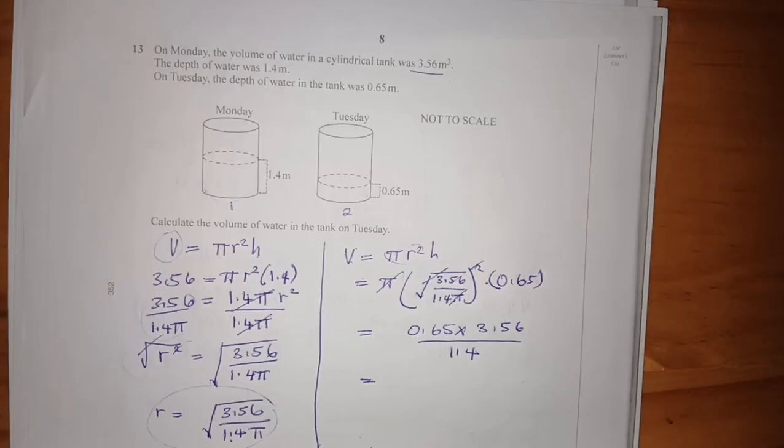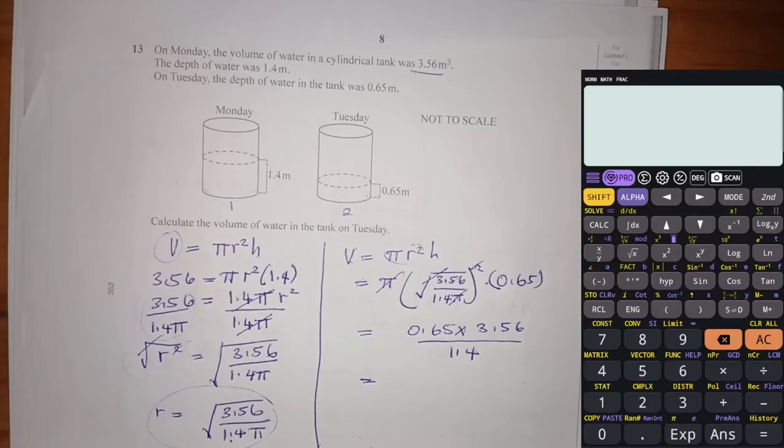Now let's just put it in our calculator. There you go. Now let's press: 0.65 multiplied by 3.56, and this is over 1.4. And there you go. That's the answer there. 1.652.